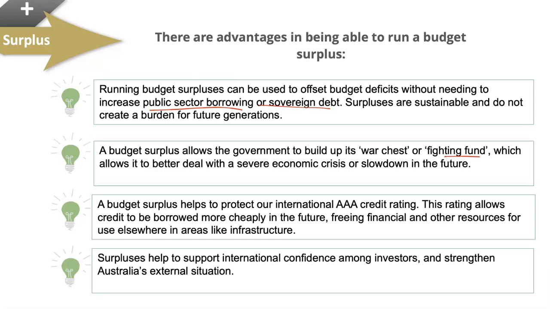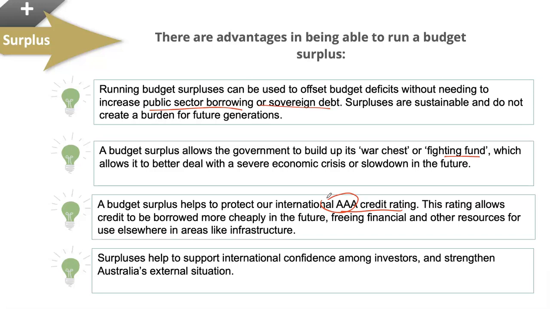The surpluses help our credit rating. And credit ratings are incredibly important. Australia has the best credit rating possible, AAA. It's one of only a few countries that does. And these surpluses are showing those credit agencies that we're a well-run country that can pay back its debt on time, and hence the interest rates that we have to pay on our debt are very low.